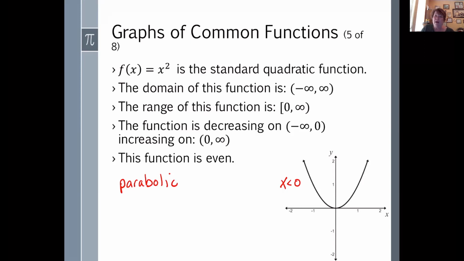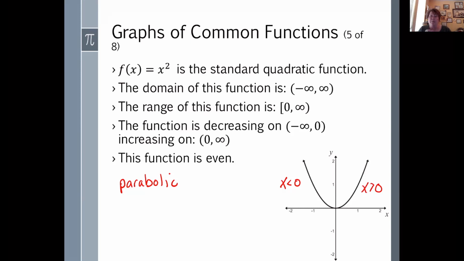The relative minima is 0 at x equals 0. If we have a relative minima, the graph is decreasing to the left of that minima. It changes direction at the minima and then it starts increasing.